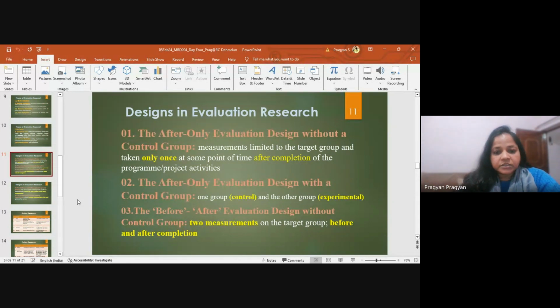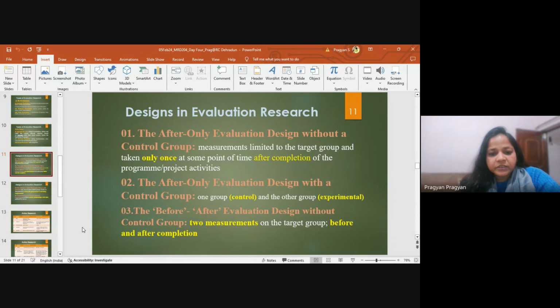Now the third is the before after evaluation design without control group. Again, this is evaluation research which does not establish any control group, but the frequency is higher compared to the first subcategory, the after only evaluation. So what is the difference between the first and third subcategory?